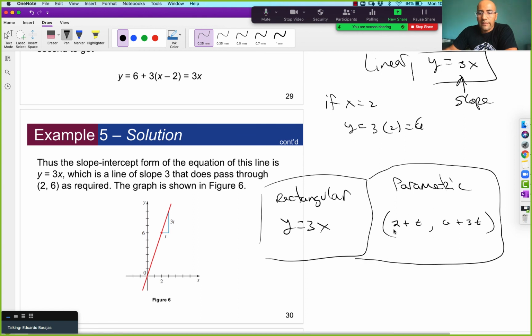Right? The way it's written also indicates that we have a direction. Starting at this point, when t equals 0, it starts to head that way for larger and larger values of t. And so therefore, we have a direction that goes like this.